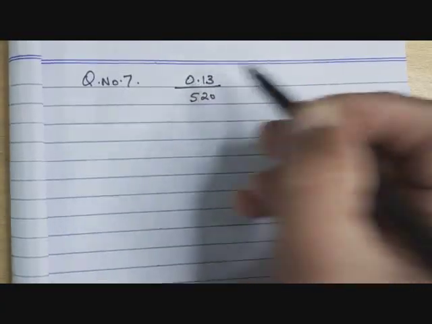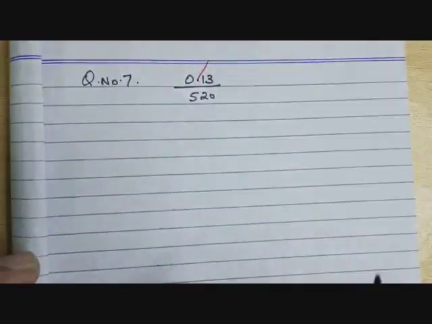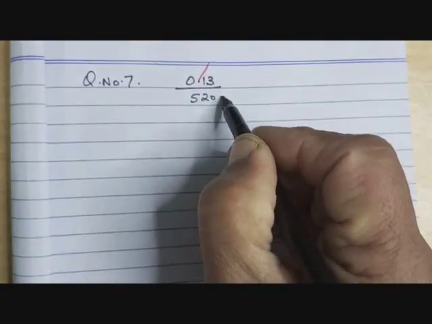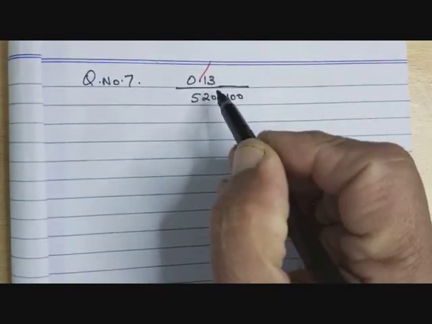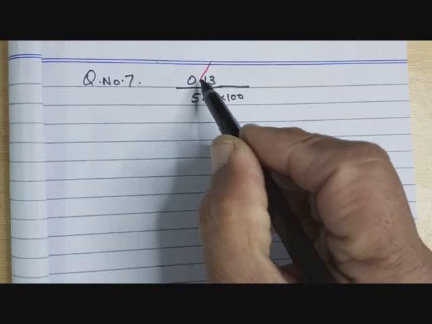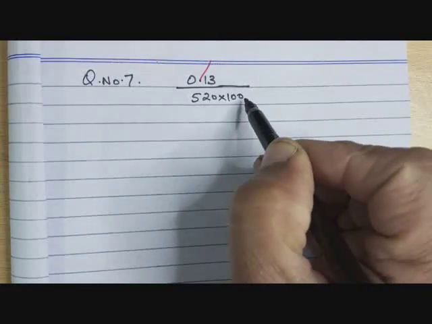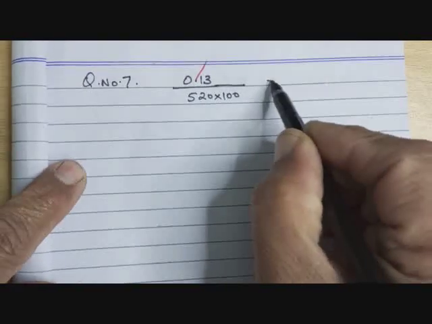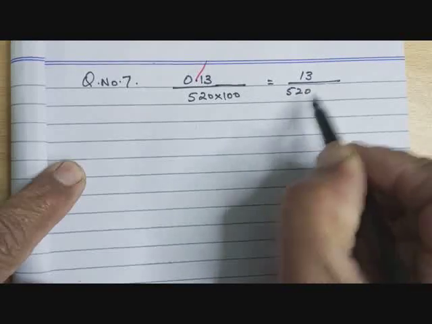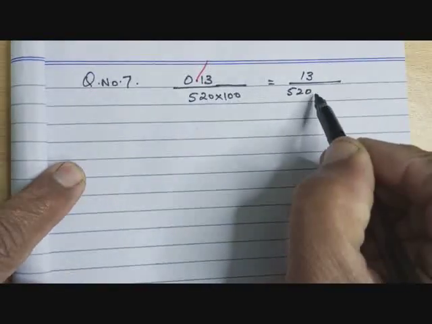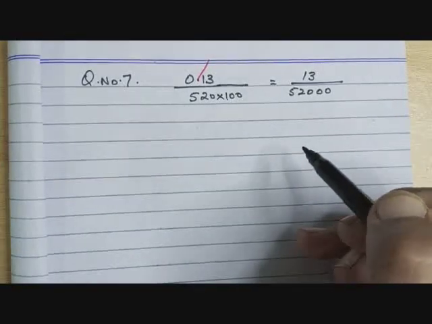Now we have to remove this decimal sign. Okay, the decimal sign has been removed, so for that we place 100 and 100. Now it has become 13 divided by 520, and these two zeros as well.